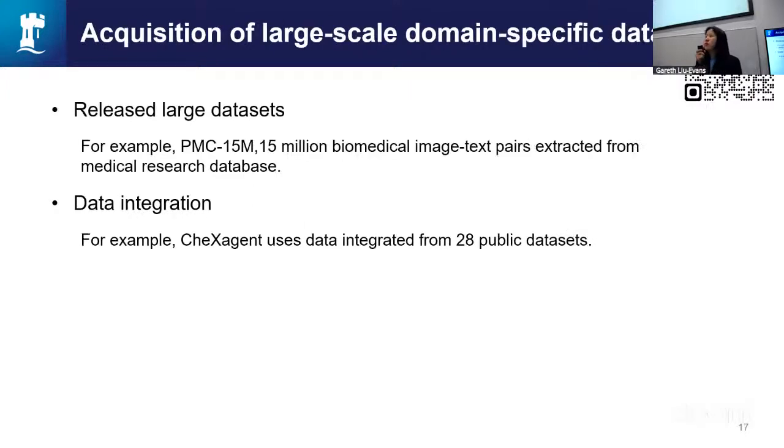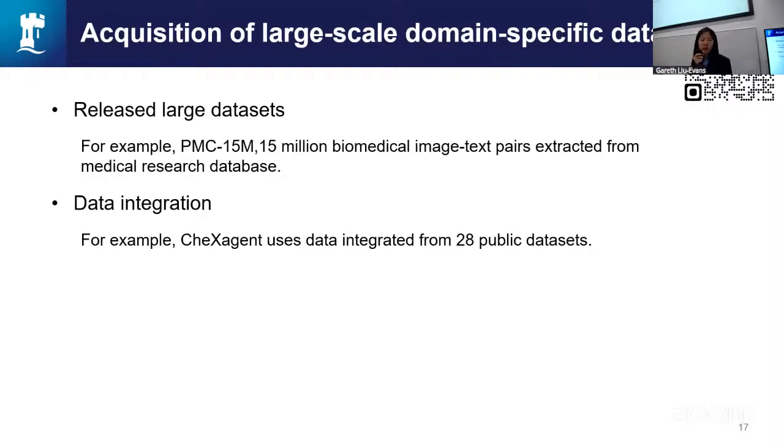There are two mainstream ways. The first is to release a large data set. In the medical field, for example, there is a public data set named PMC 50 million, which has 50 million image-text pairs extracted from medical research databases.